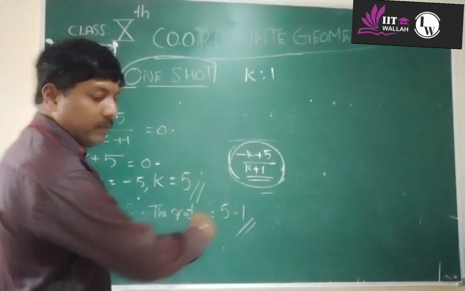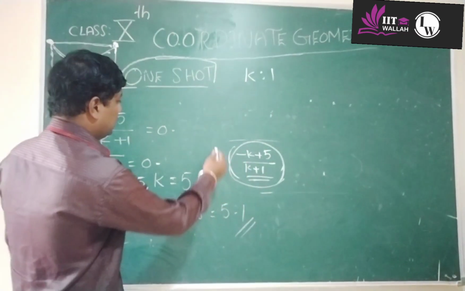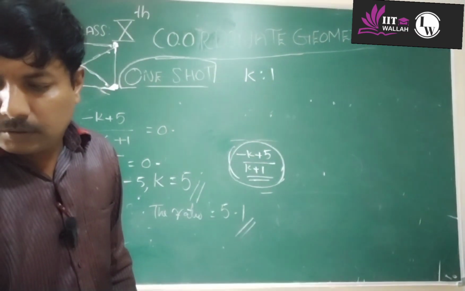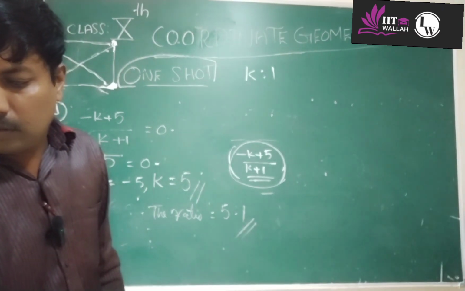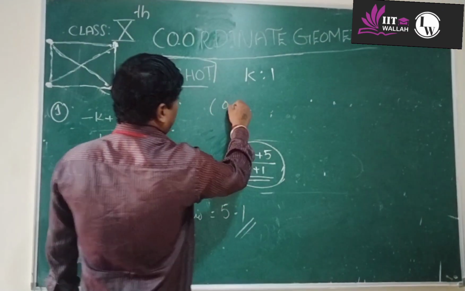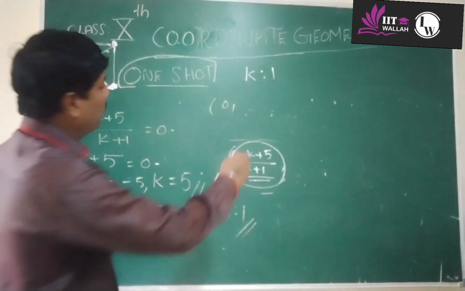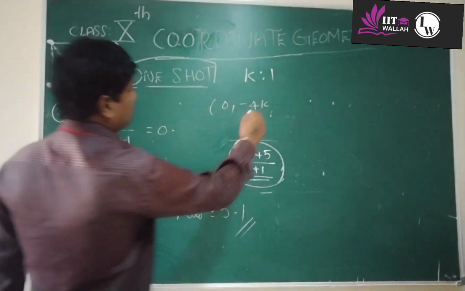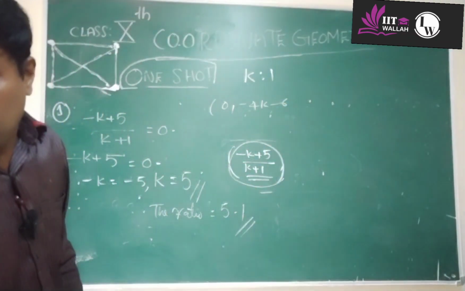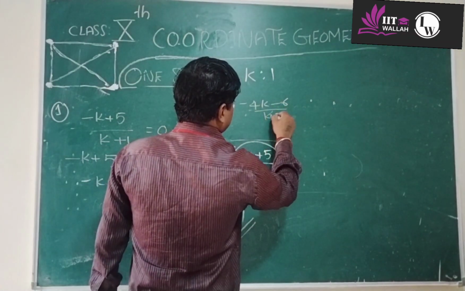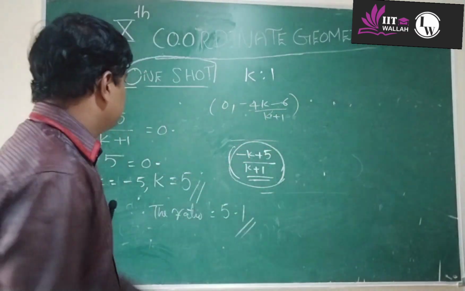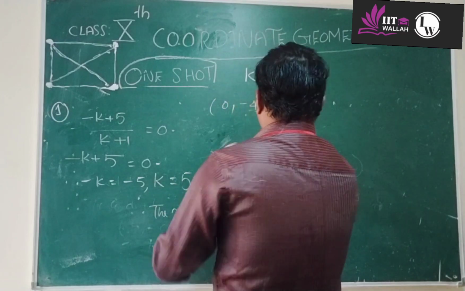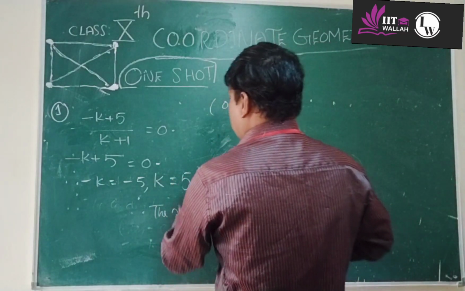So here we know that the point is 0 and minus 4k minus 6 by k plus 1. You substitute the value of k here.